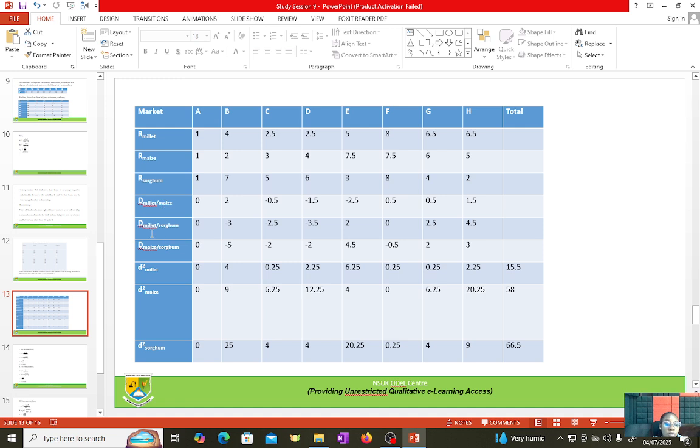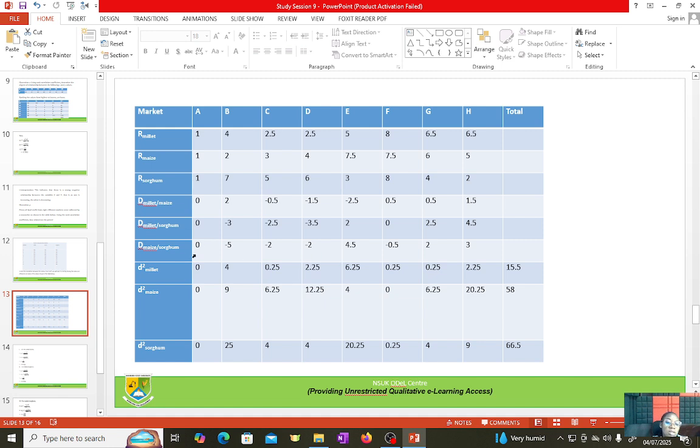Then you go ahead to find the rank difference between millet and sorghum. That will mean 1 minus 1, 4 minus 7, 2.5 minus 5, and that gives us this. And then the rank difference between maize and sorghum, which will mean 1 minus 1, 2 minus 7, 3 minus 5, and then that gave us this column.